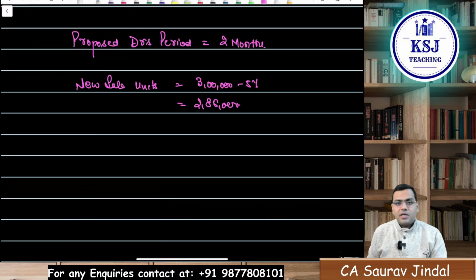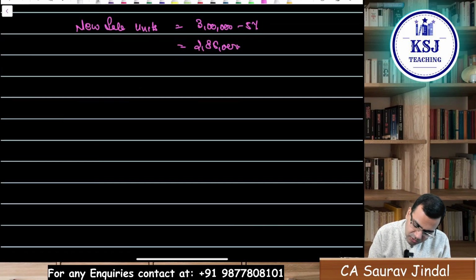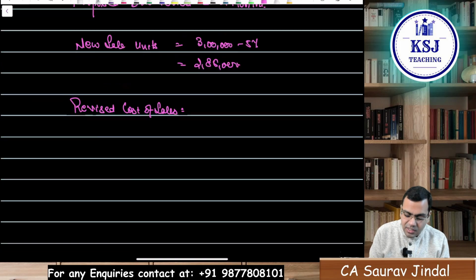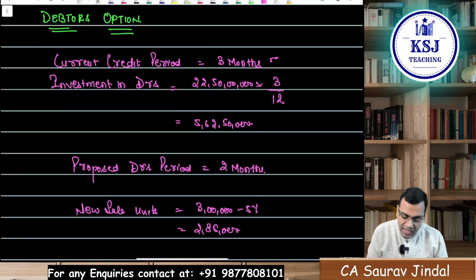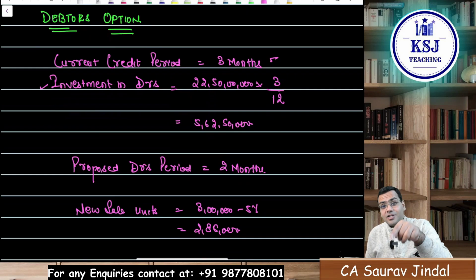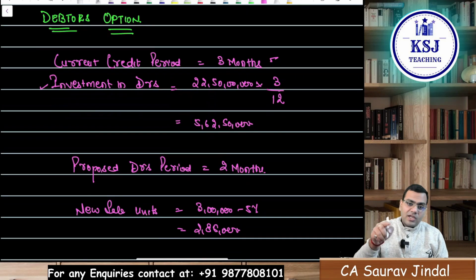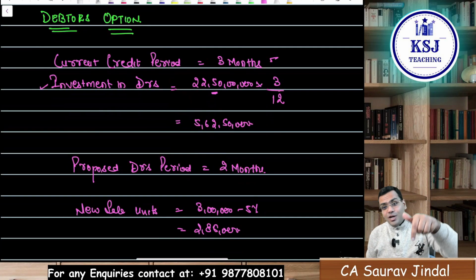Now, can you tell me the revised cost of sales? Why do we need it? Because we need to calculate the investment in the debtors again, and for that we need the new cost of sales, not the old one.